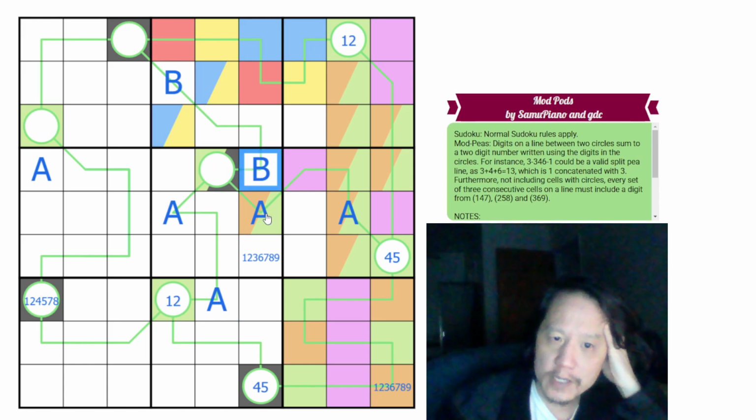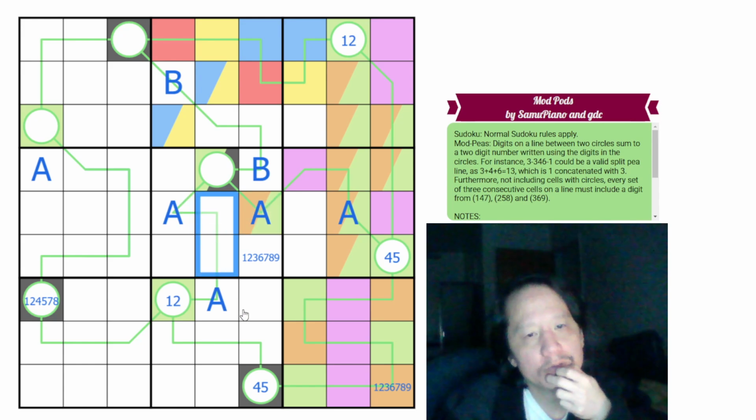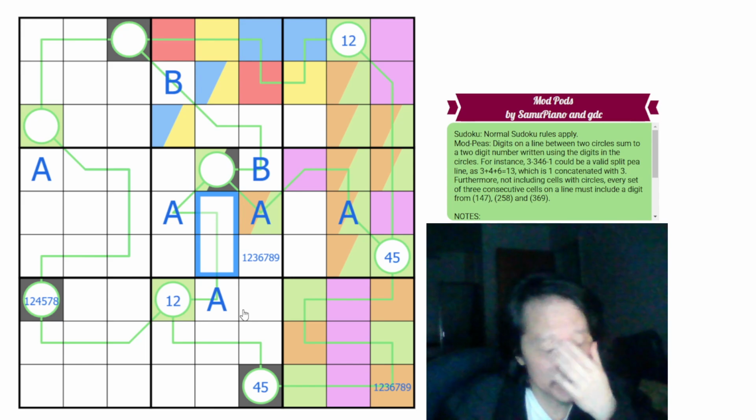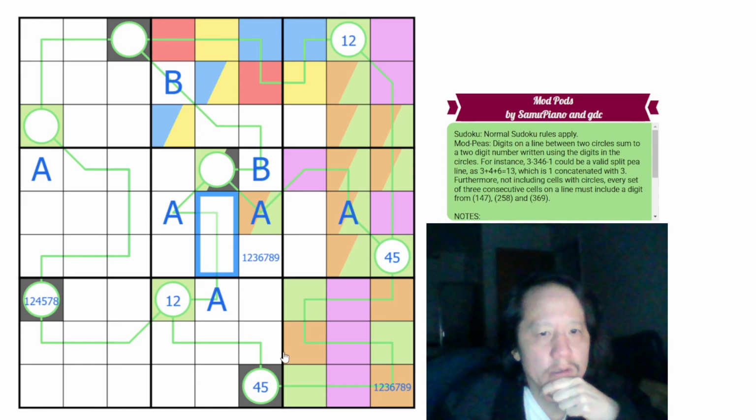So we know A and B are different sets. We know that for certain. One of these is B. So A cannot be the same as green.